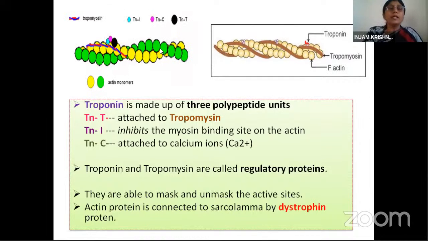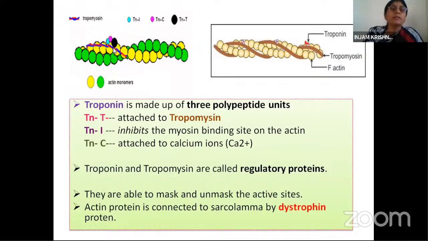We can see it clearly here. TNT is attached to tropomyosin. These are the F-actin filaments, and the blue and red ones are tropomyosin chains. This black one is TNT, attached to tropomyosin.